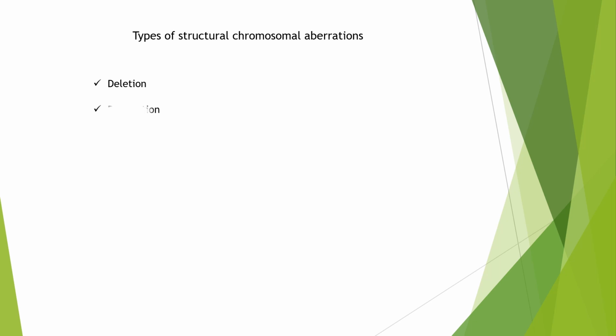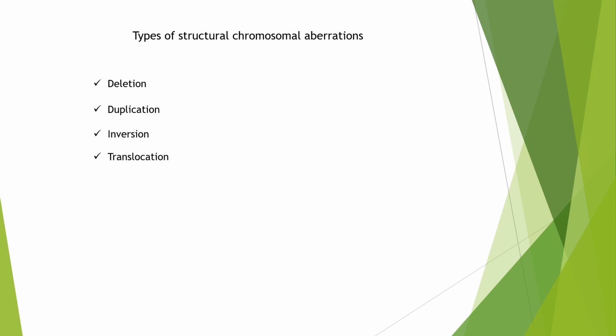The next type of mutation is called duplication. In this case, a particular segment of a chromosome shows a repetition, that is called duplication. In case of an inversion type of mutation, there is a breaking of a chromatid segment and after breaking it is again reunited with the chromosome, but it is inverted at 180 degrees to its original position.